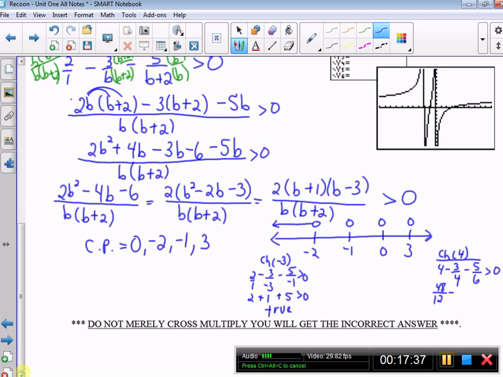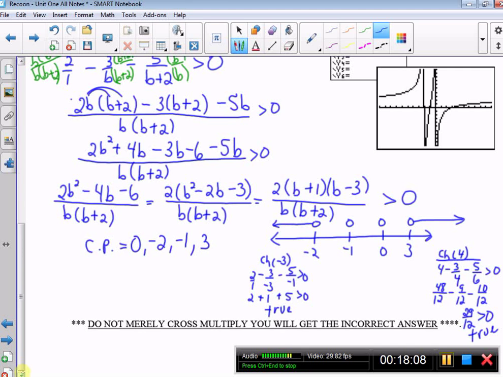Okay. And then 3 over 3, so 9/12, and then 2 over 2, 10/12. So 48 minus 9 is 39, minus 10 is 29/12, and that is indeed greater than 0, so we know that the direction goes this way. So then what we have to do is figure out what's going on in the middle.